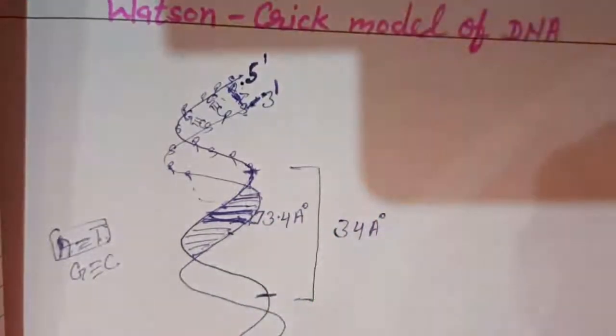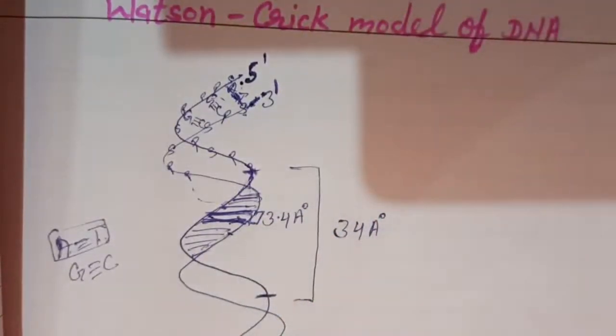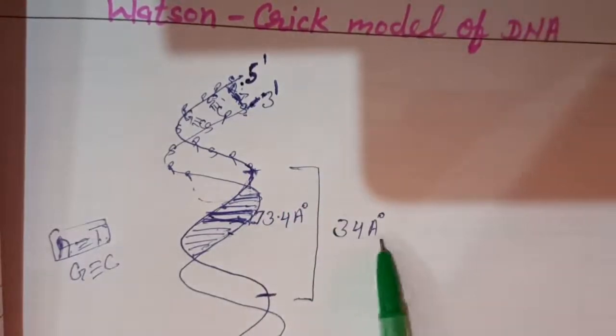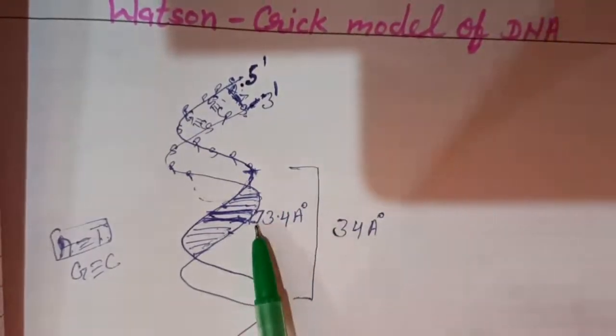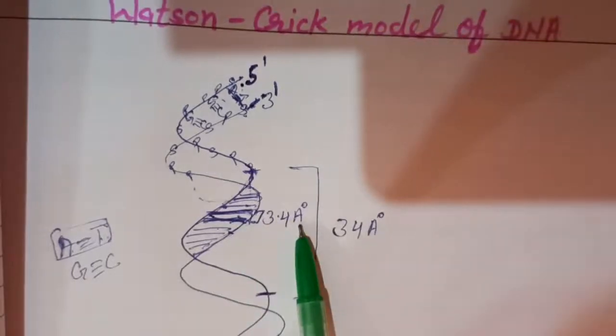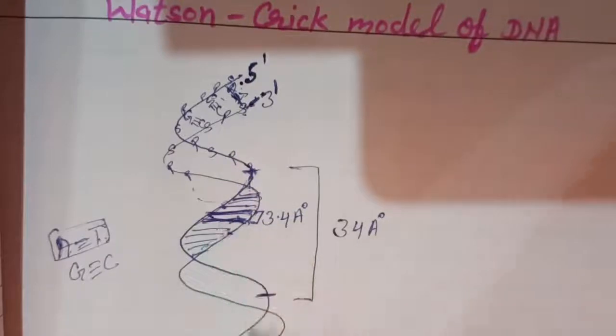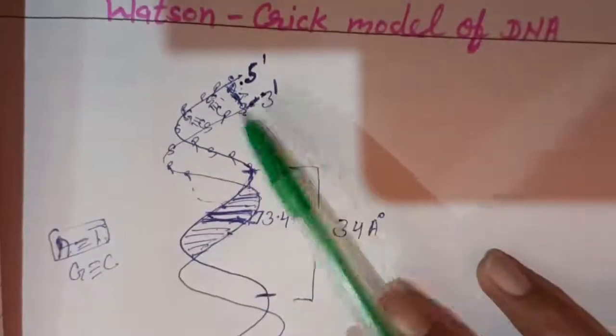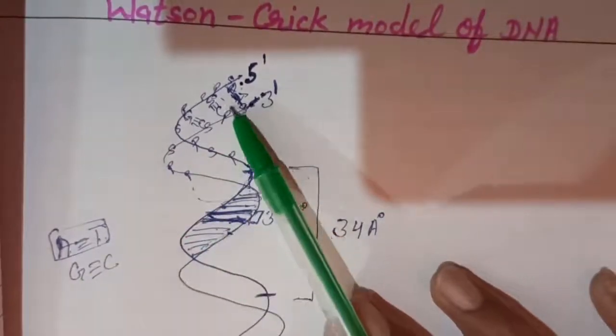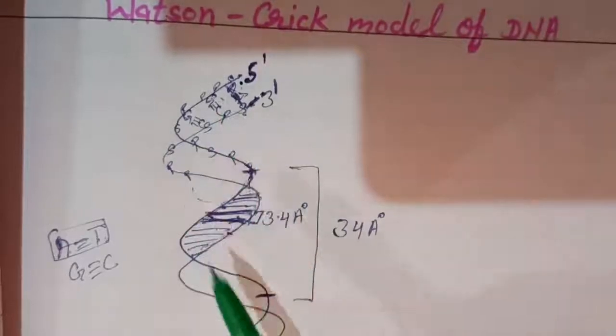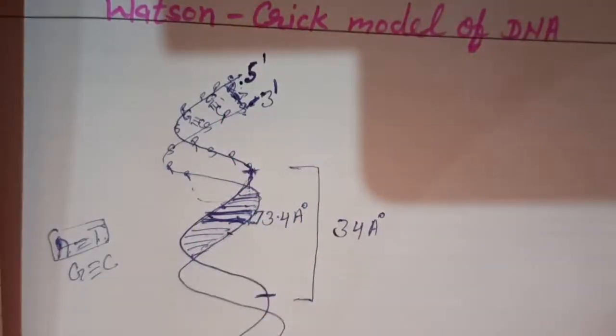So these things you need to learn about the structure. Pitch is of 34 angstrom. Distance between two base pairs is 3.4 angstrom. Total diameter is 20 angstrom. These two chains are anti-parallel to each other. Sugar and phosphates are present on the backbones, and nitrogen bases are present on the interior side. So this is the complete information about the Watson-Crick model of DNA.